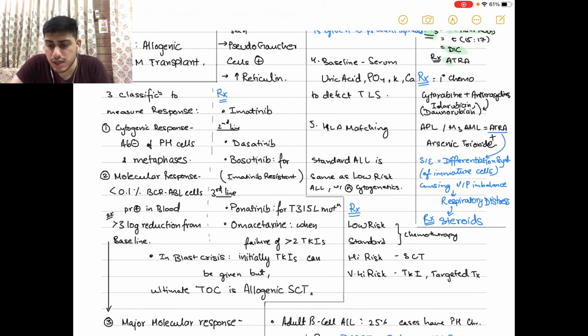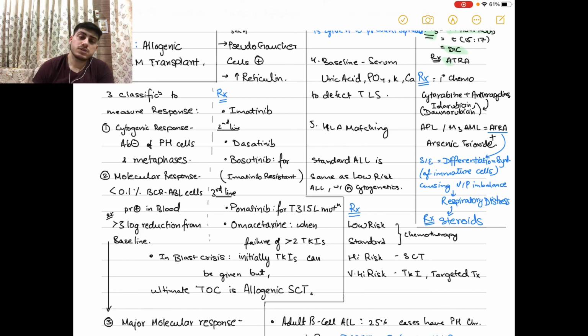Anthracyclines can be idarubicin or daunorubicin, but cytarabine will not be given in M3 type, obviously, to avoid DIC. So in M3 type we will give ATRA plus arsenic trioxide.